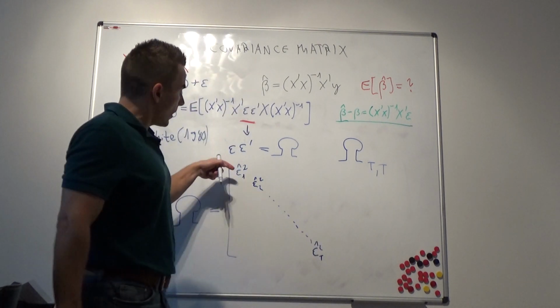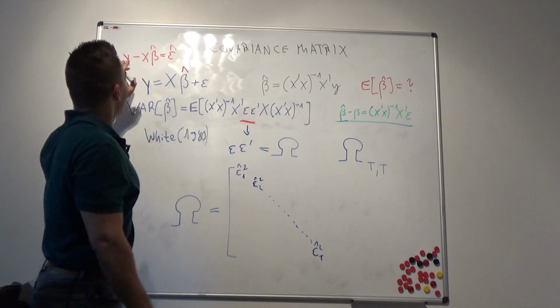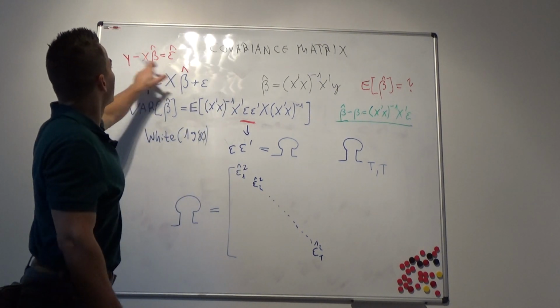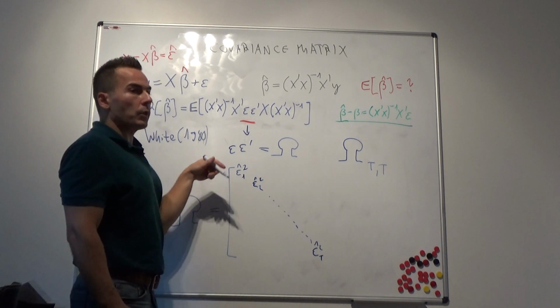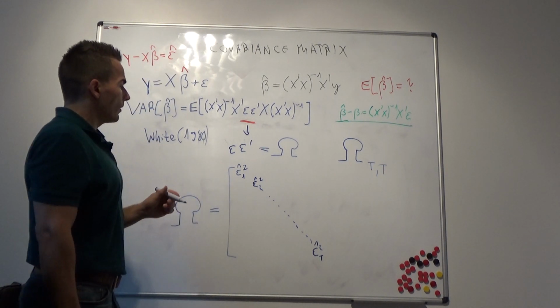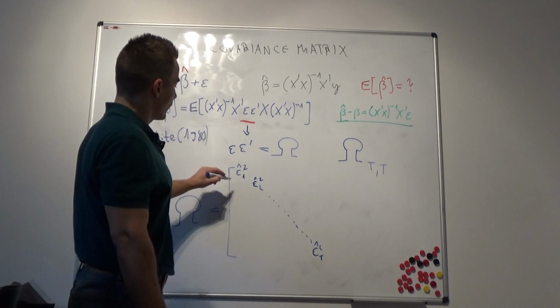So we run our model, take the estimated residuals, and we square each element in our residual vector epsilon and put it on the main diagonal.